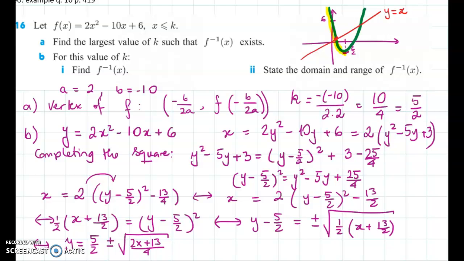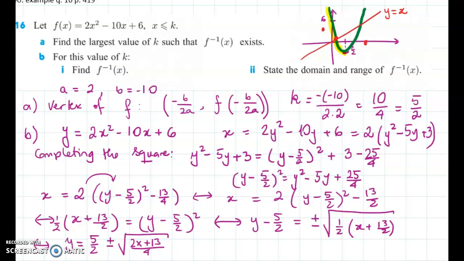We have the point that stays fixed at y equals x. We have then that the vertex is going to correspond to a point, let's say over here, with negative x-coordinate and y-coordinate 5 over 2. And then the point (0, 6) is going to correspond to the point (6, 0) over here.